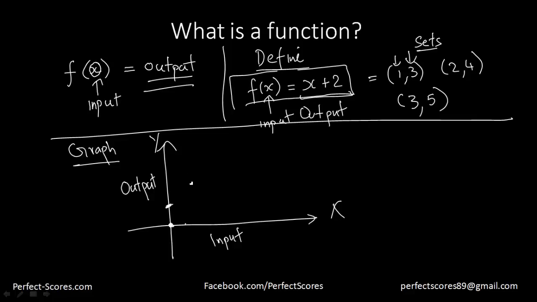If you input 1 you get the output as 3, that's another point. If you input negative 2 you get the output as 0. So what is this? This is nothing but the same function shown to you graphically. This is nothing but f of x is equal to x plus 2.